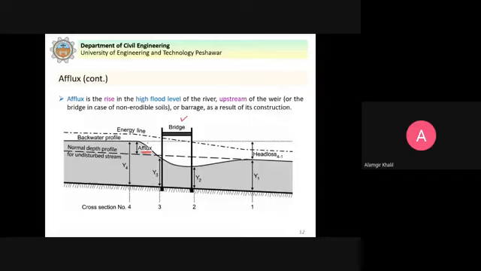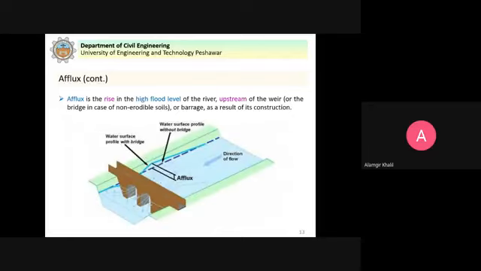And there are research studies conducted to calculate this afflux: that construction of this bridge, how much will be the afflux? Similarly, you can see here that afflux is just the rise in the water surface upstream.